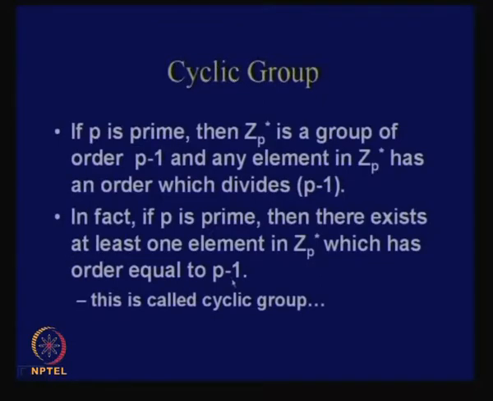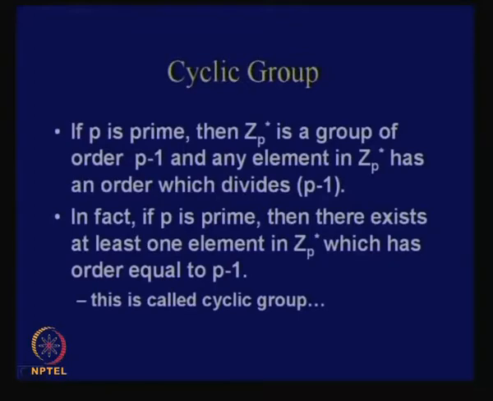If you take that element and keep multiplying, the smallest number for which it gives you 1 is p minus 1. Therefore it is called a cyclic group, because this element generates all the elements of the field and finally comes back to itself. This element is sometimes called a primitive element.